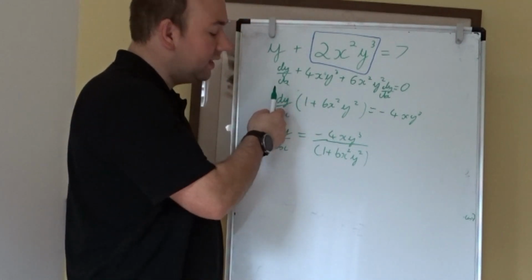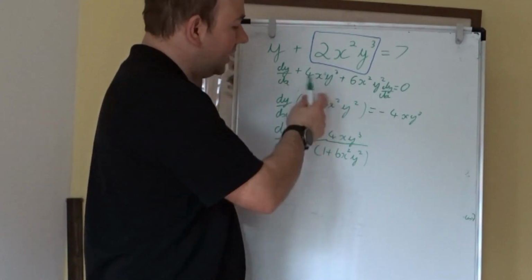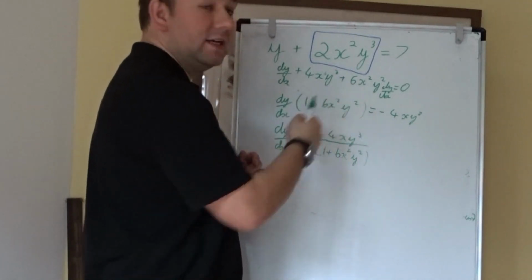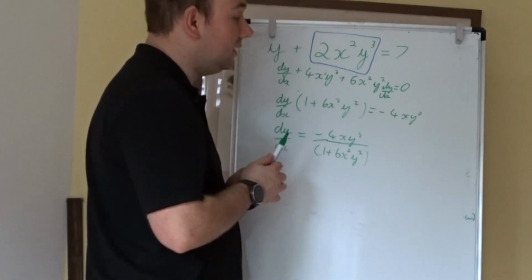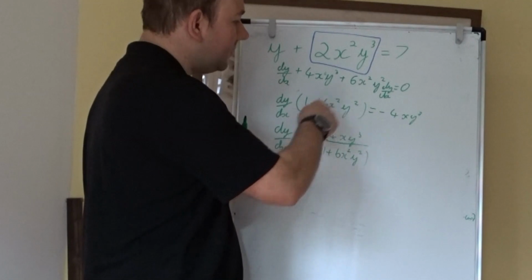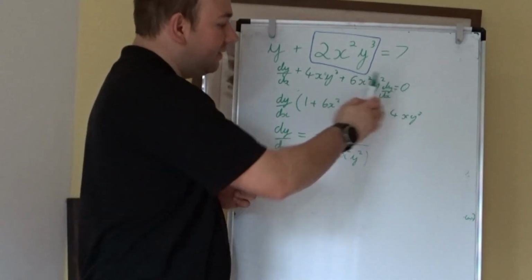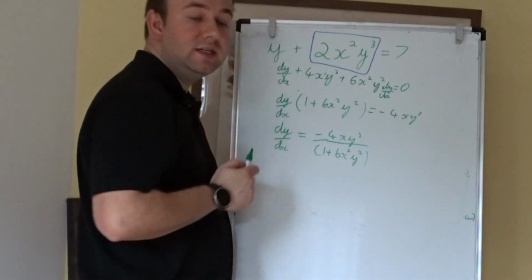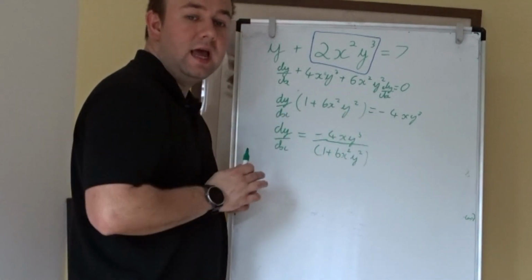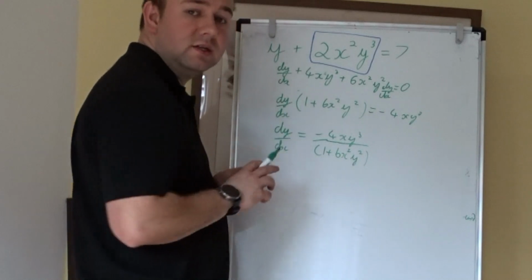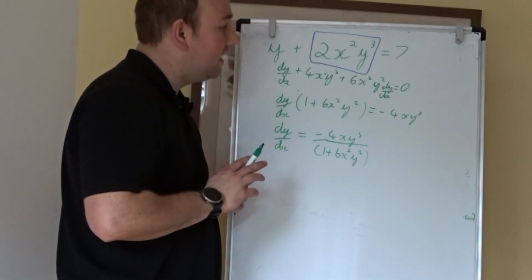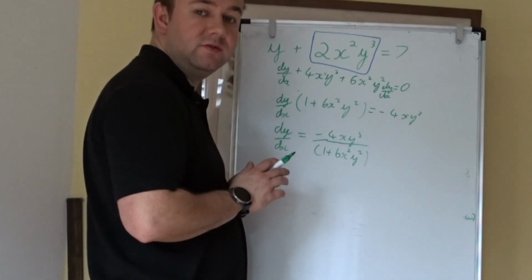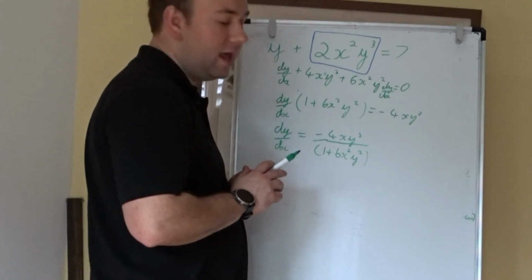Bring the dy by dx terms together and form a bracket with those terms that have been multiplied by dy by dx. Take all your other terms over to the other side of the equation and then divide through by your bracket, and you end up with dy by dx. So that is how you do implicit differentiation, or the tips for doing it at A-level.